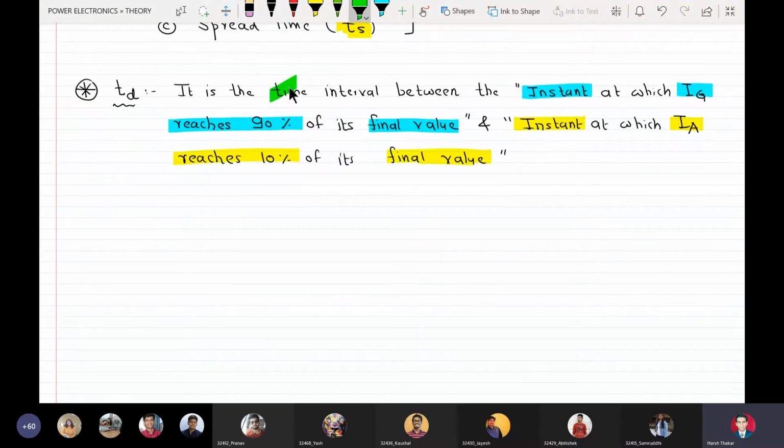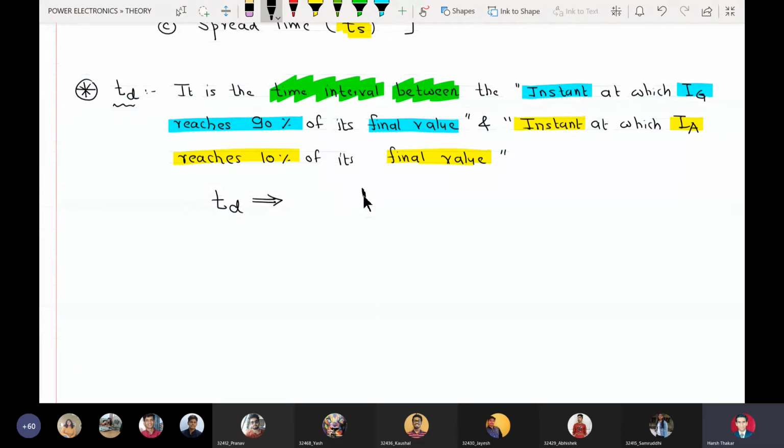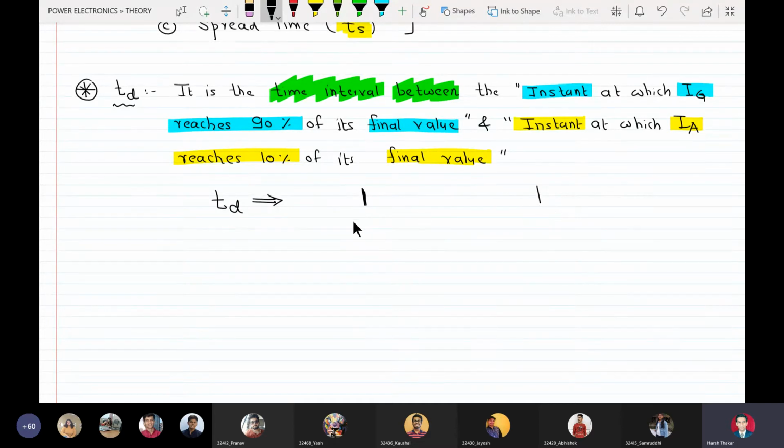So we can basically say that the delay time is nothing but the time interval between these two, that is, when the gate current reaches 90% of its final value and the anode current reaches 10% of its final value.